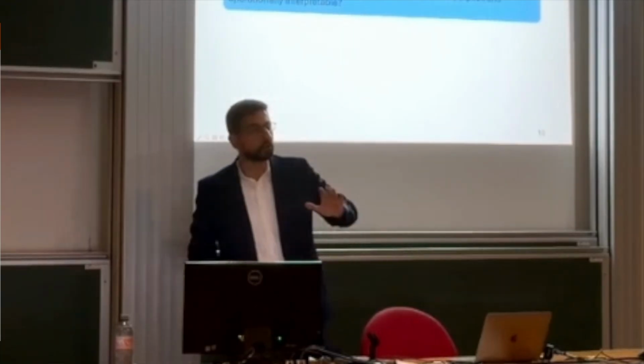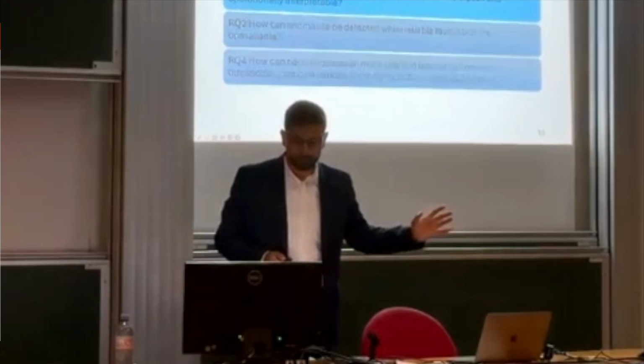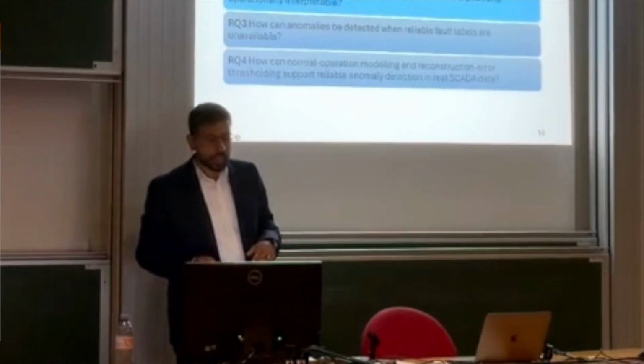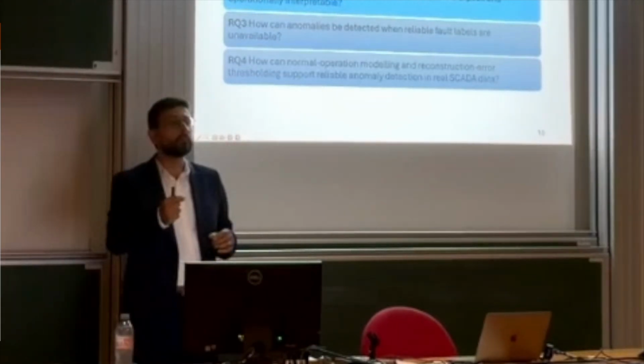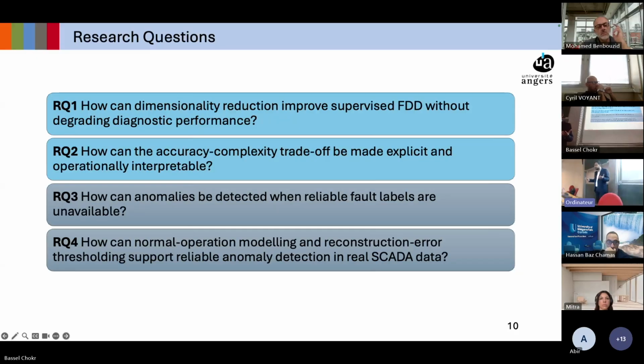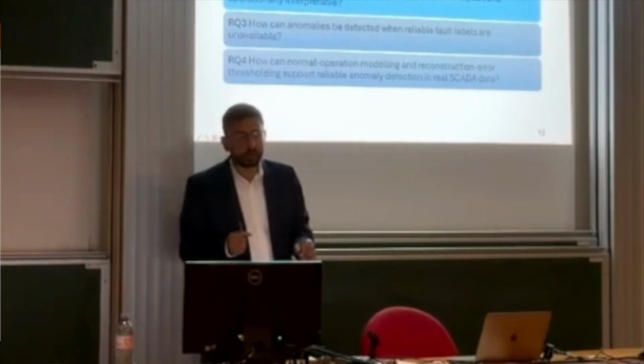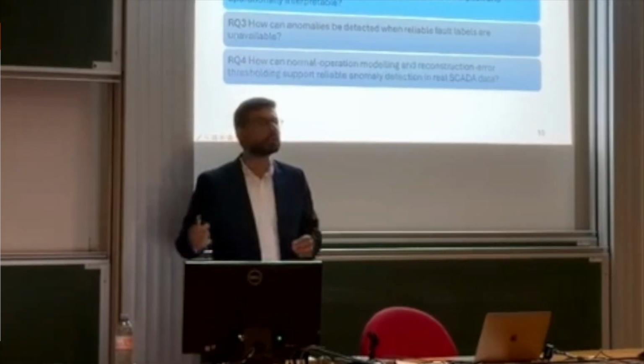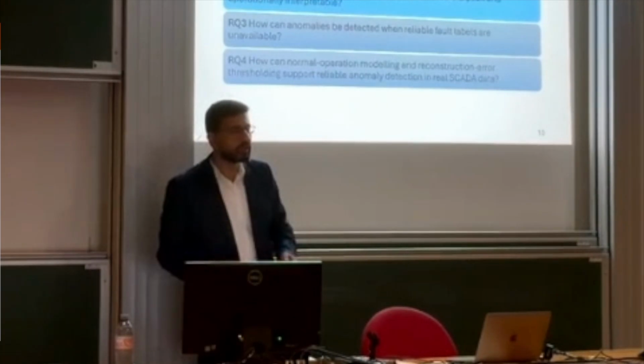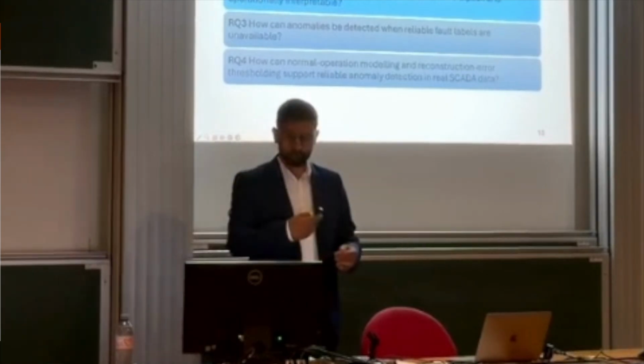This connects to contribution one. On the other hand, how can anomalies be detected when reliable fault labels are unavailable? And how can normal operation modeling and reconstruction error thresholding support reliable anomaly detection in real SCADA data? We will investigate that further.